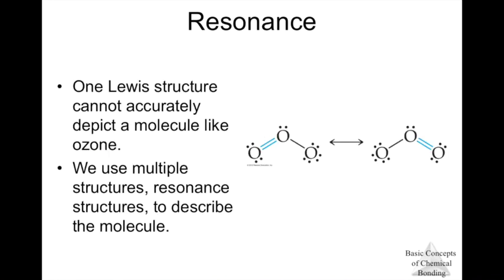So what's going on? Well, in reality, one Lewis structure cannot accurately depict a molecule like ozone. You could draw it like this, or you could draw it like that. They would have the exact same formal charges. This oxygen would be different than that oxygen, but overall, everything's the same. So we can use multiple resonance structures to describe this particular molecule.